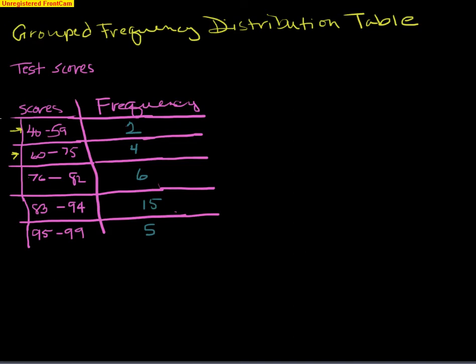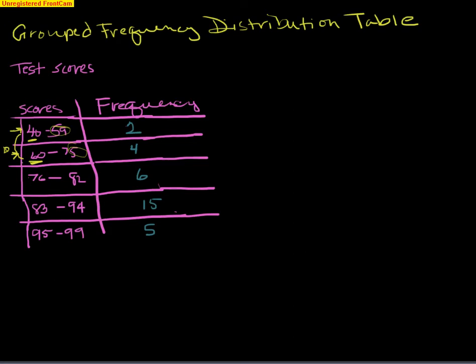But it doesn't actually have that much meaning, because look at this first class. The class width has to do with the distance from the lower class boundary of one class to the next lower class boundary. These are the upper class boundaries, or endpoints, actually. So if we take 60 and subtract 40, we get 20. This first class width is 20. However, notice that the next one goes from 76 to 82, and this one went from 60 to 75.